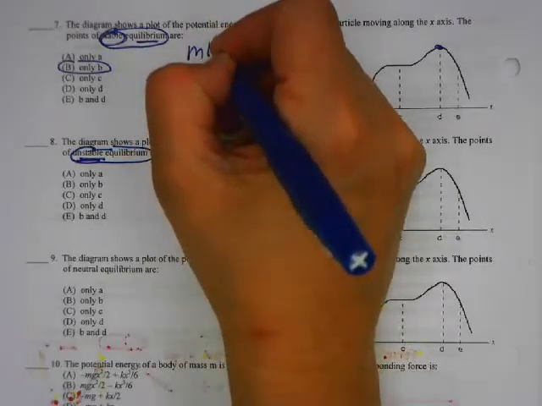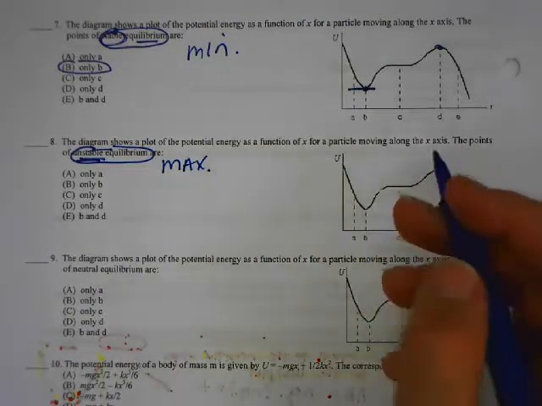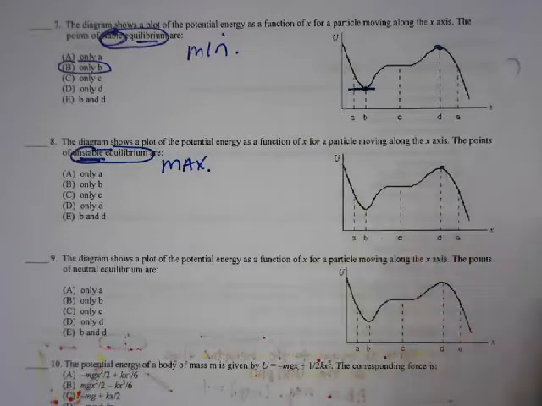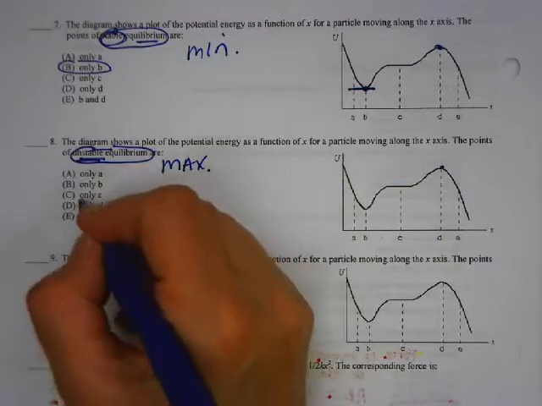Stable is going to be your minimum. So if you know that, this is a 5 or 10 second question, all you do is look at the graph. Well, here's the top, and that's going to be unstable because that's the maximum. So that answer is going to be D.